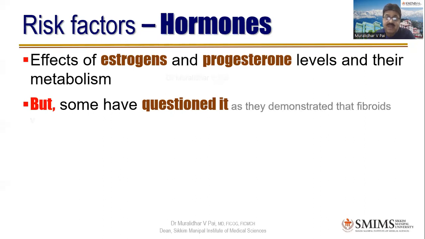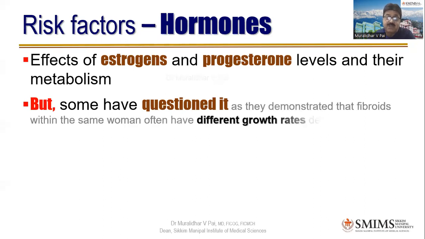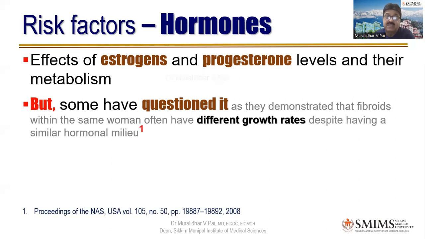Why? They have demonstrated that fibroids within the same woman often have different growth rates despite having a similar hormonal milieu. Now we can understand one lady having hyperestrogenic state, other lady is not having hyperestrogenic state, so this lady is going to have fibroids.